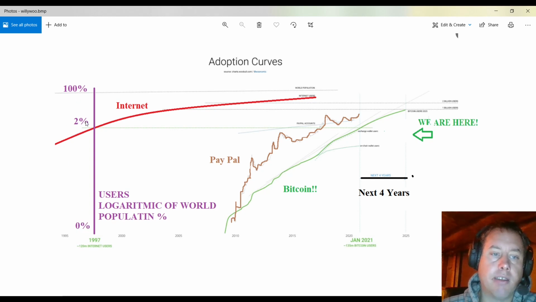And as we can see in 1997, 2% of the people in the world used the internet. I got the internet back here and was one of 0.4 people who were on the internet back in 1995 with my first computer.